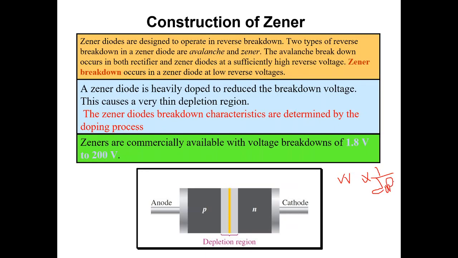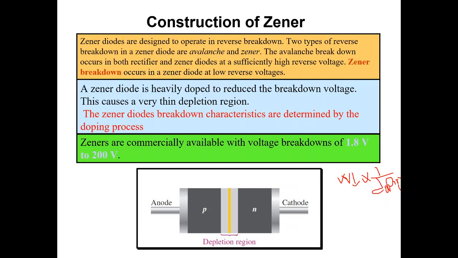If I increase the doping, then the width of the depletion layer decreases. Since it is a highly doped material, the depletion layer will be small when compared with the normal PN junction diode, so that there occurs a fast breakdown in order to get a high amount of current.